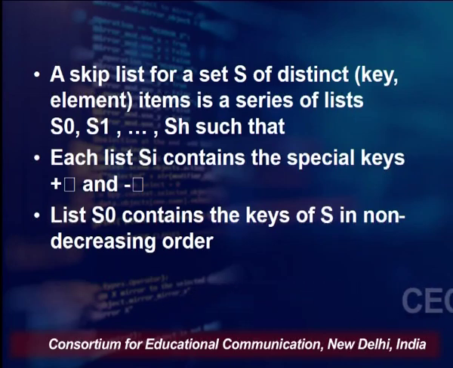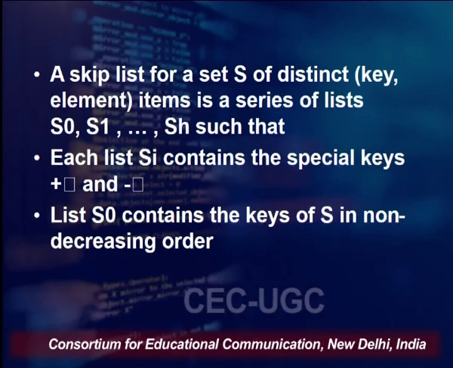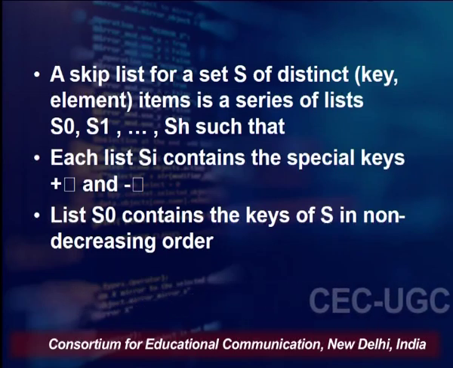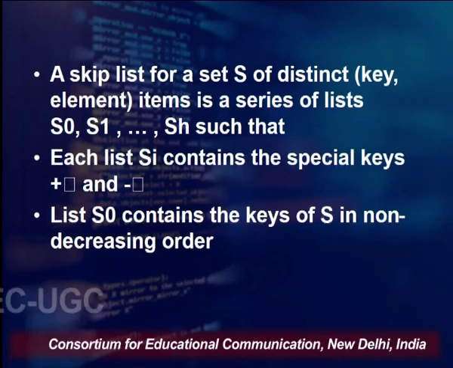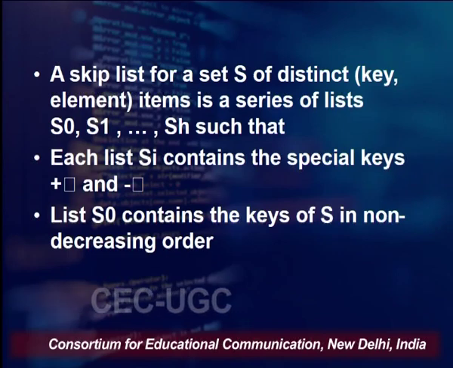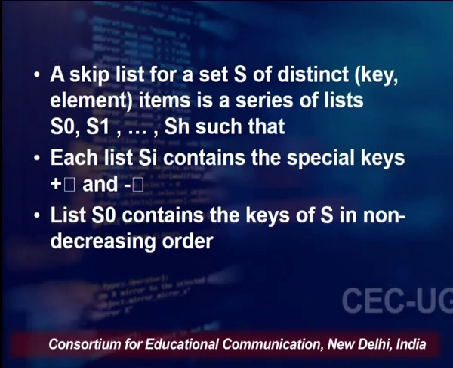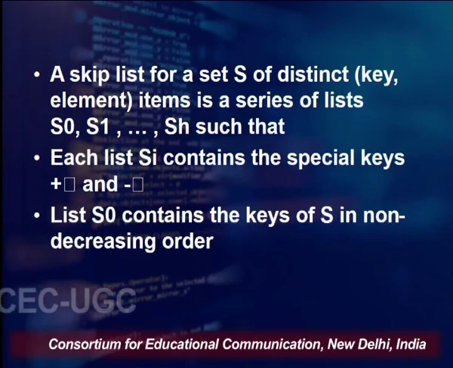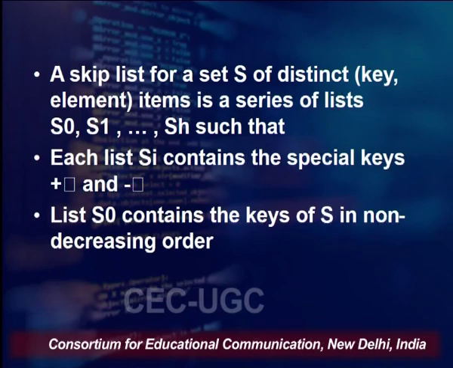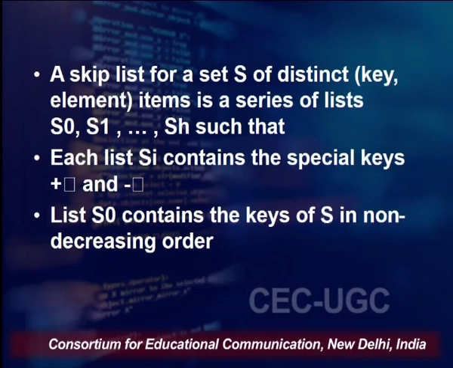S0 is the lowest level, then S1 is the next level and S2 is the next level, till SH, such that each list Si contains the special keys plus infinity and minus infinity, and list S0 contains the keys of S in non-decreasing order.